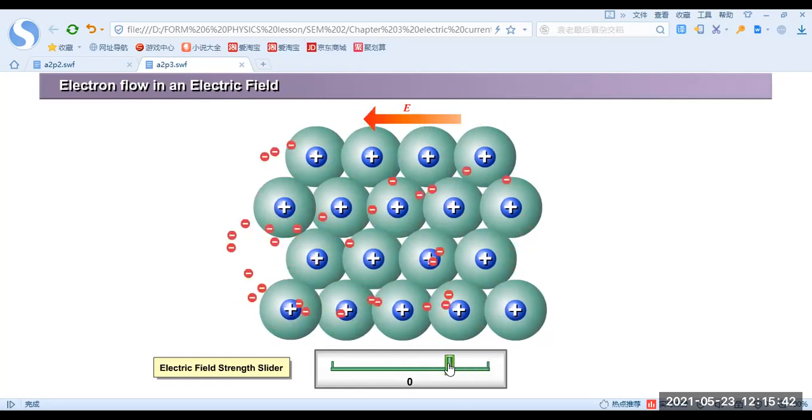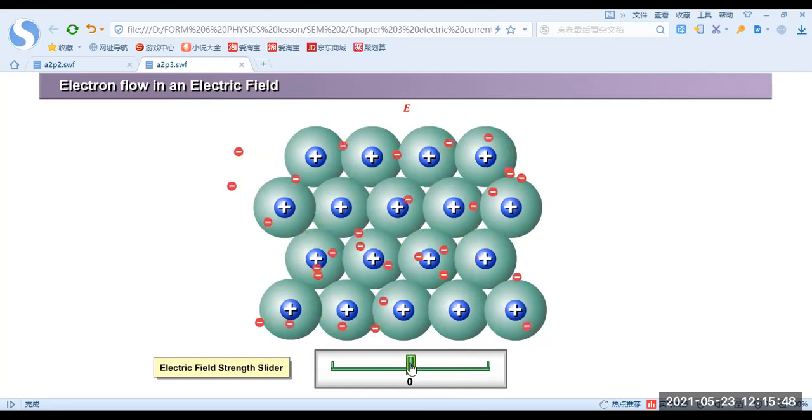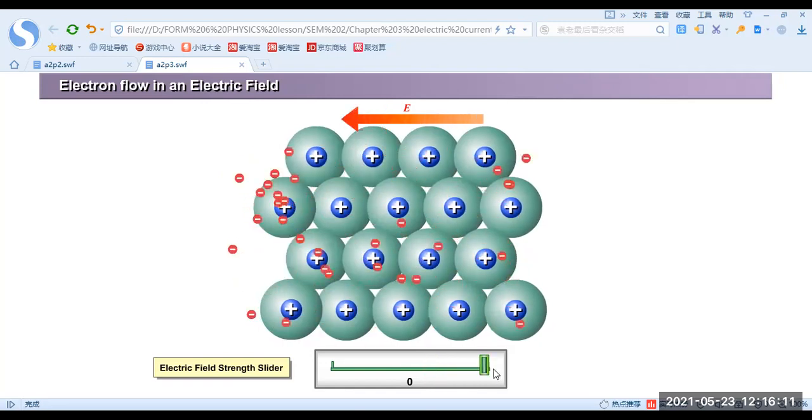If I reduce it a bit, and if the electric field strength is 0, the electrons move randomly and freely. If the strength increases, the electrons will move faster.